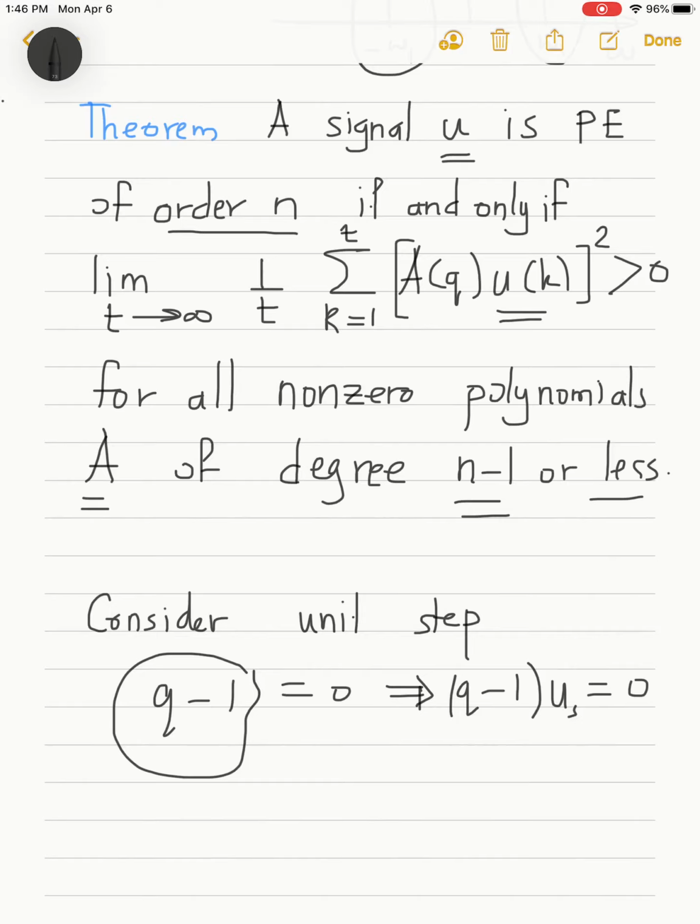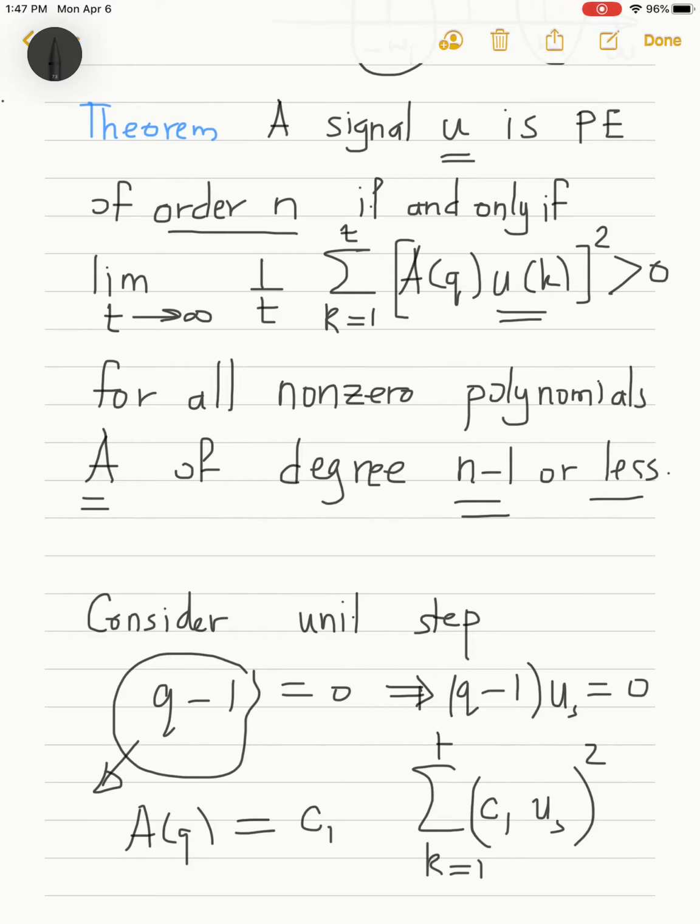Now if I take a polynomial of lower degree, it would be a polynomial of degree 0. So if I take A, according to the theorem, equal to some constant c1, then I guarantee that the summation of c1 times the unit step, squared, where k goes from 1 up to t, is positive, since the unit step is 1 and c1 is a positive constant.